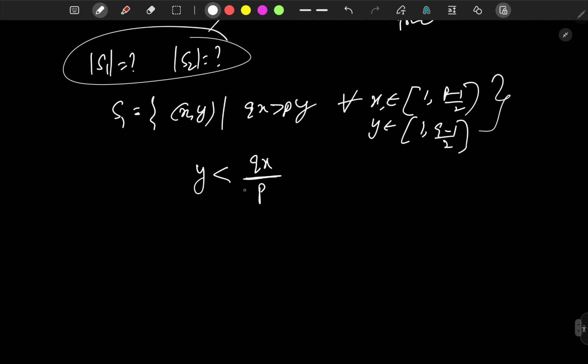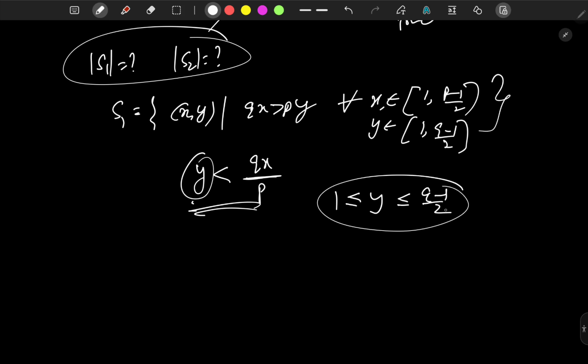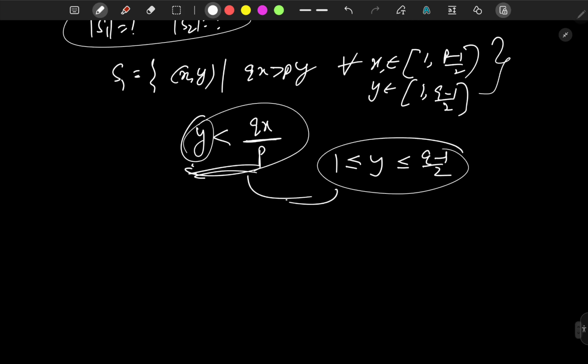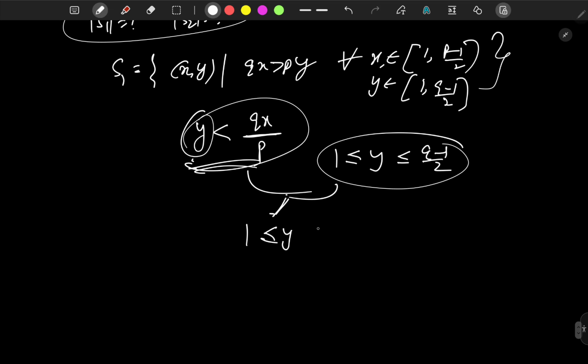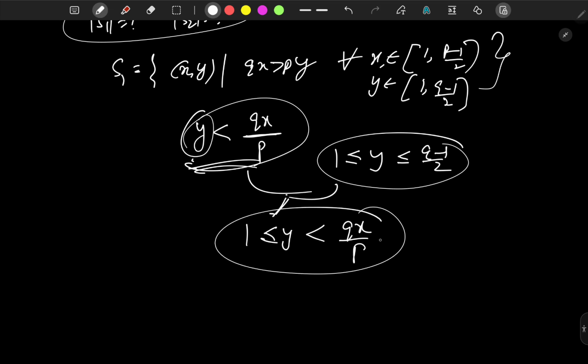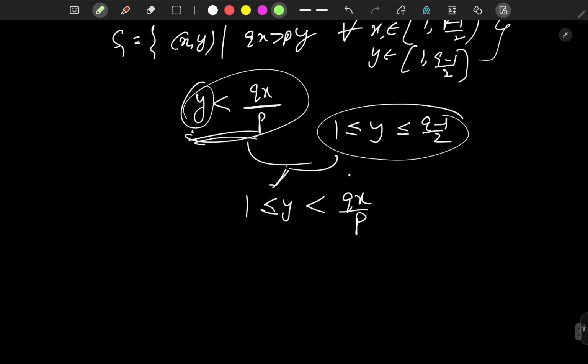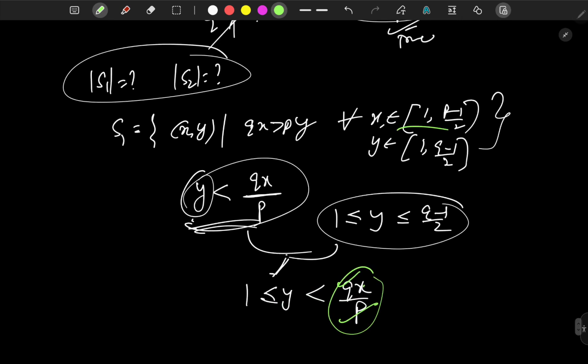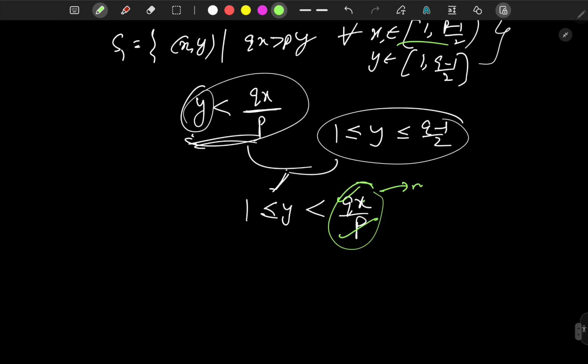Now observe that we know the range of y is 1 to (q-1)/2. From these two, can I conclude that y should be less than qx/p? Yes, of course. So for this qx/p, q is a distinct prime, and x can be any value, so it can be some real number.